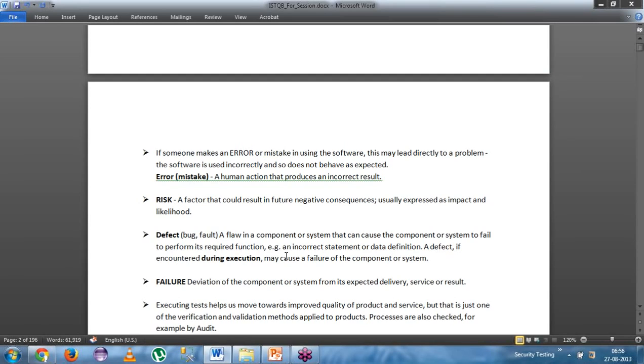But a failure happens once you deliver it to the clients or end users: a deviation of the component or system from its expected delivery, service or result. So you deploy your software, you ship your product to end users, and your end user comes back with this problem. It is called a failure. It's no longer a mistake, it's no longer a defect.